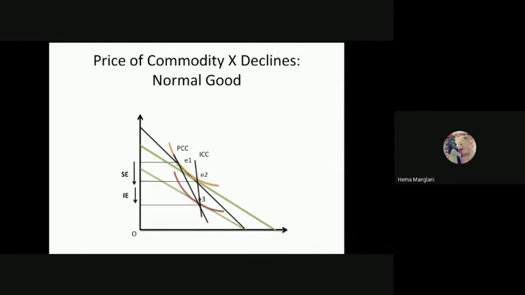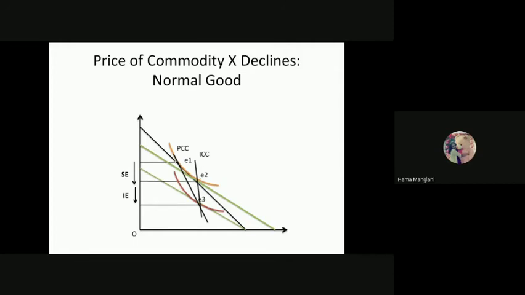Now, what happens further? There is a change in the prices. So the price line now shifts leftward. This is the leftward shift, and this indicates that the price of Y is now increasing. Now I'll take the pivot of it. This pivot will have a tangency at the E2 position. So the consumer will shift from E1 to E2.